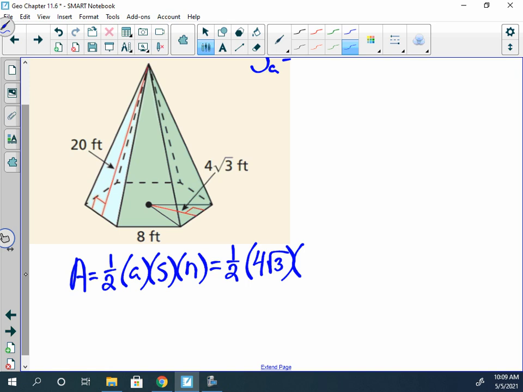Yes, sir. I was just going to say, could you also find the area of that triangle and then multiply it by 6? Yes. Let's do that. We'll do that on this one, and I'll show you how that works out. All right? And then 6. What is it? 96 square root 3.